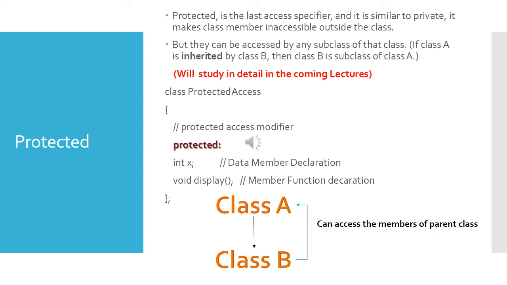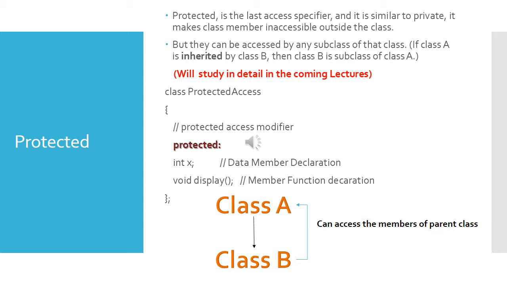In short, it is similar to the private access specifier. That means the data and the properties specified within the class will be accessed only by the members of the class. And how is it different from private? Other than the members of the class, even the members of the subclass or child class can access it without dropping an error.